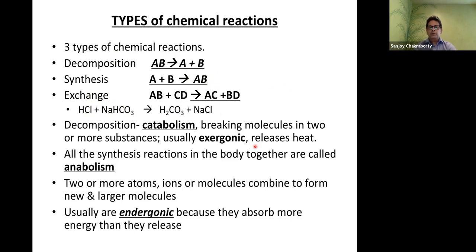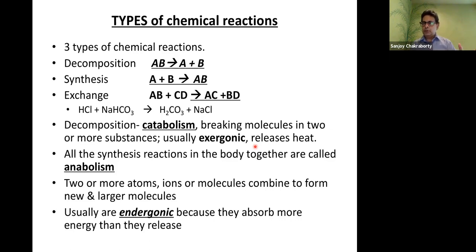And there are a couple of additional terminologies. For example, the sum of all the chemical reactions in your body is called metabolism. They're divided into 2 groups: catabolic reaction and anabolic reaction. Catabolic reaction is when you break them, and generally they are exergonic, meaning they release heat.